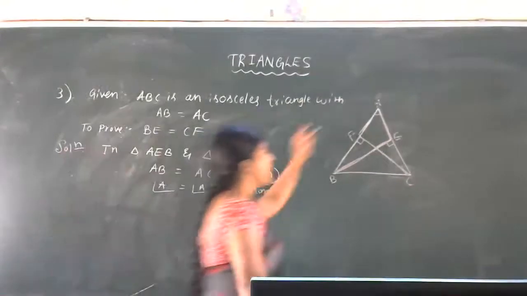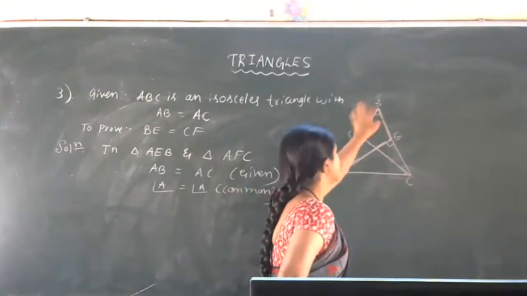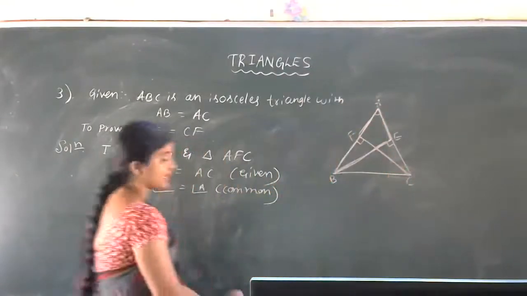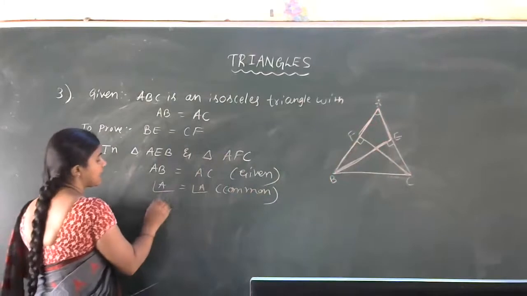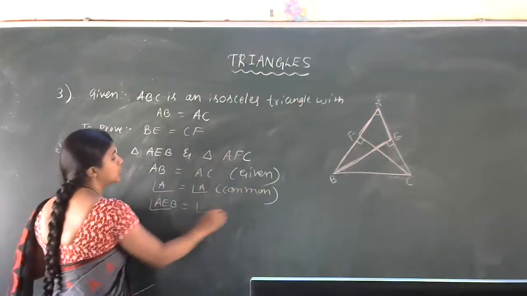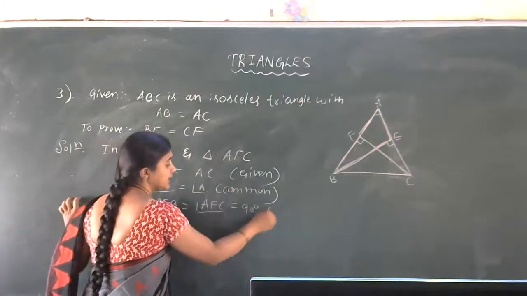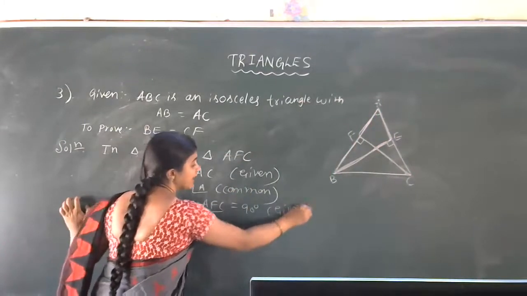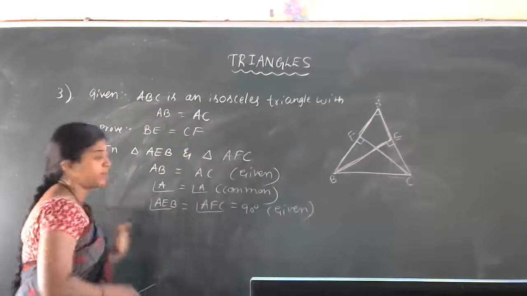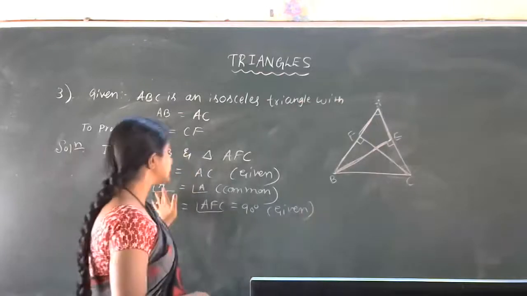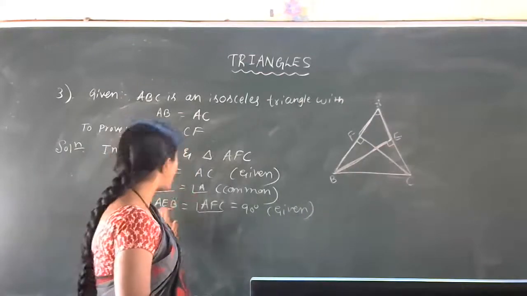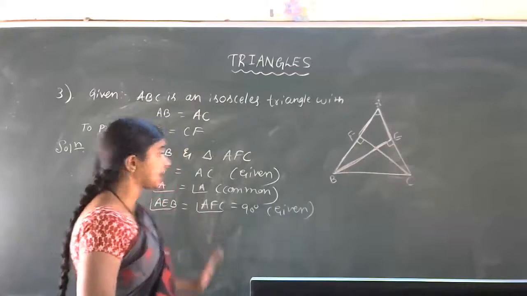Next, which one? Angle AEB is equal to angle AFC. Both are 90 degrees. This is also given data, given in the problem only. So AB is equal to AC, angle A is equal to angle A common, angle AEB is equal to angle AFC.